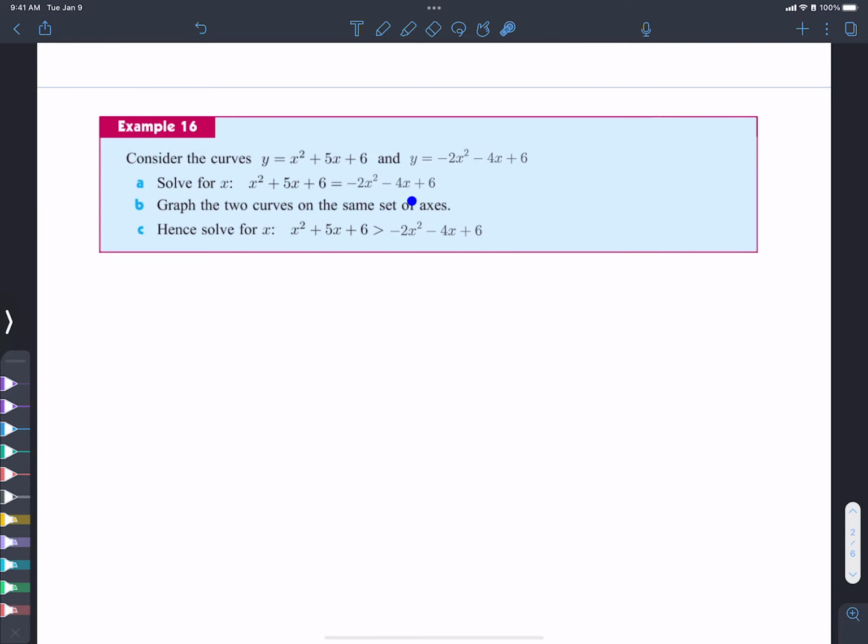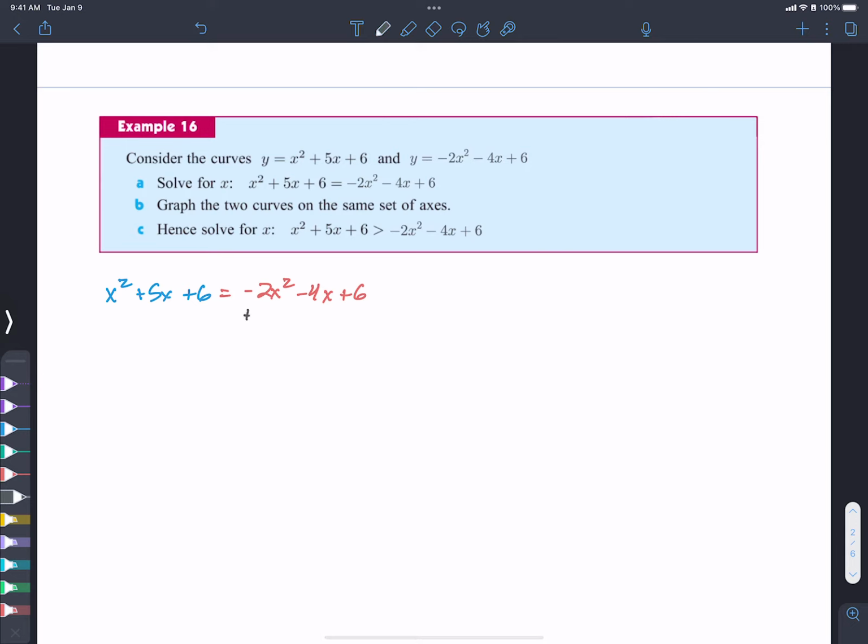All right, so let's solve for x. And so what we're going to do is, again, a very similar thing to what we did before. So we're going to do x squared plus 5x plus 6, and that is going to equal negative 2x squared minus 4x plus 6. So I'm going to go through the same process.